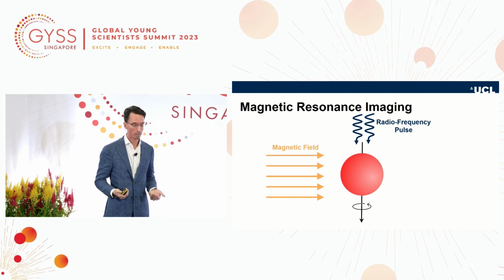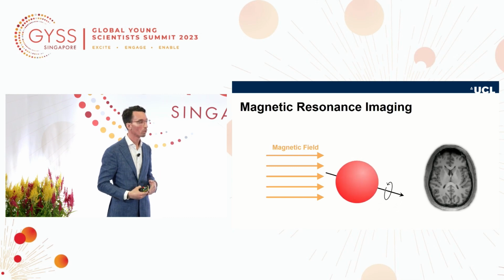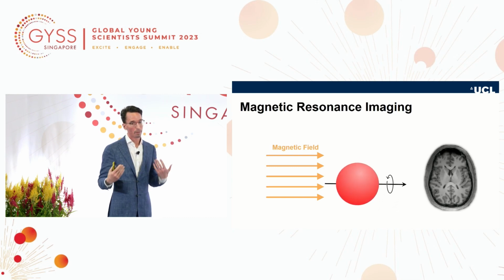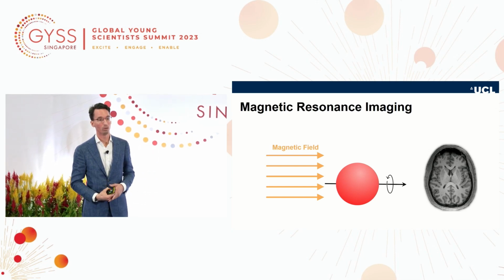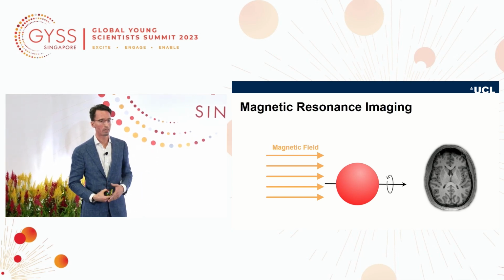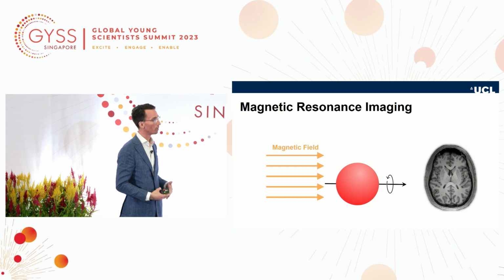And as we're measuring this, the spin slowly relaxes back into alignment with the magnetic field. In MRI, we repeat this process many, many times in a row because this relaxation typically takes in the order of milliseconds, and we slowly form an image from measuring these spins over time.